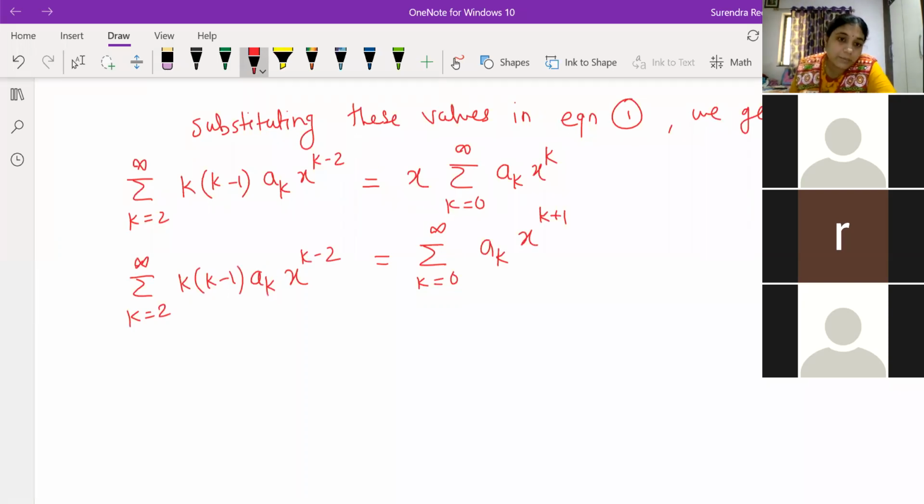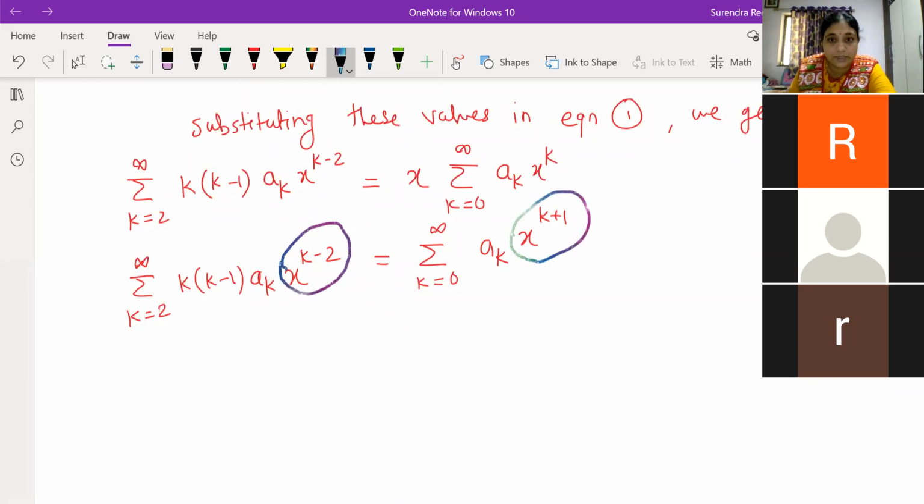Now our aim is to find the constants a_k. I have a power series on the left hand side and also on the right hand side, but the indices are different. Here it is x raised to k minus 2, and here it is x raised to k plus 1.